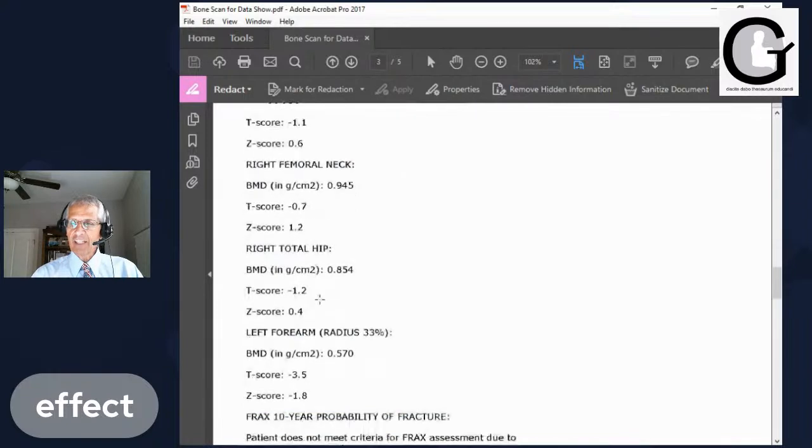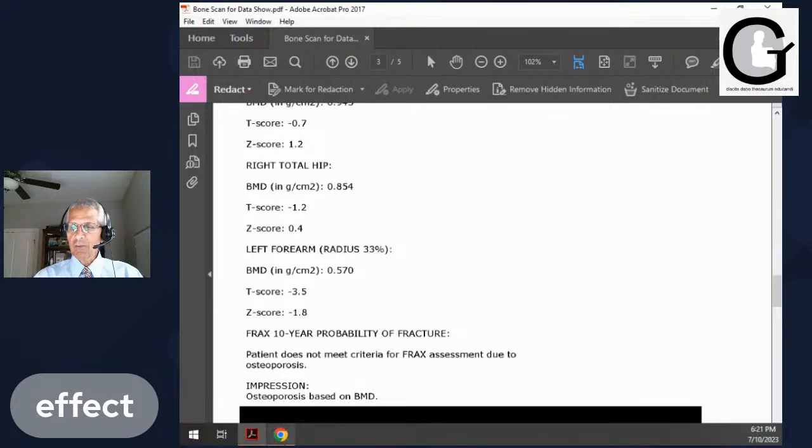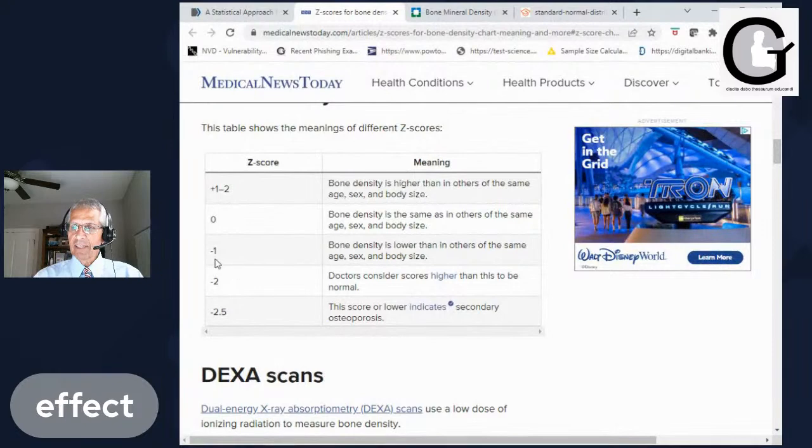Now let's go back down here. Here's a z-score of 0.06. Now as you get to 0, you're going to have more and more towards the average, right? So here's 1.2 right femoral neck. That's good. 0.4, good. Negative 1.8 left forearm. So let's take a look at negative 1.8 and see what it says. Negative 1.8 is still, doctors consider scores higher than this to be normal. So here's a z-score, here's a negative 1, here's a negative 2. Wait a minute.